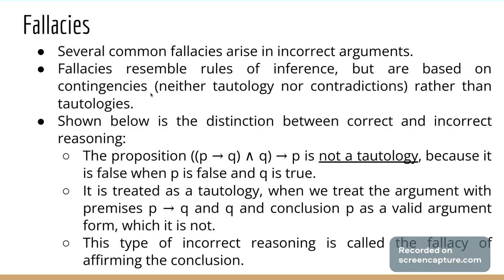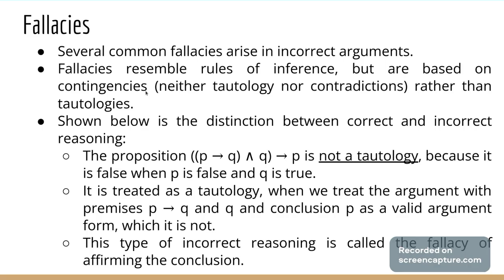When it is neither always true nor always false, it becomes a contingency. So rules of inference are always true, while fallacies are true sometimes and false sometimes. Those kinds of statements cannot be taken as rules of inference or valid arguments.